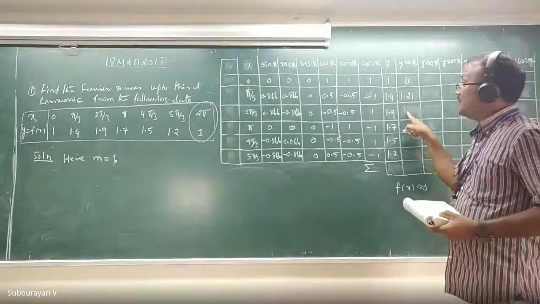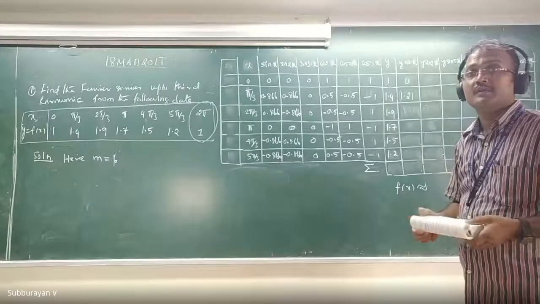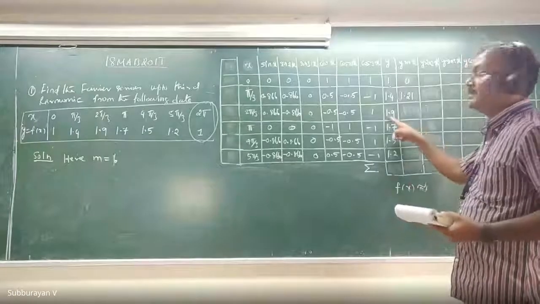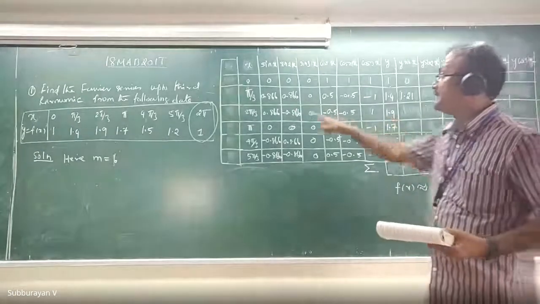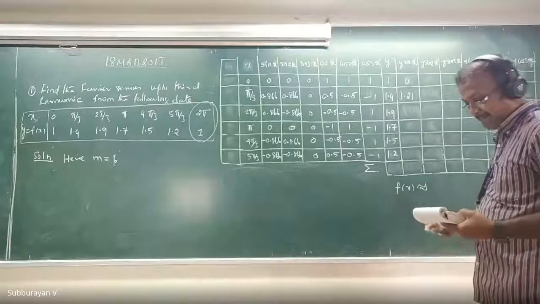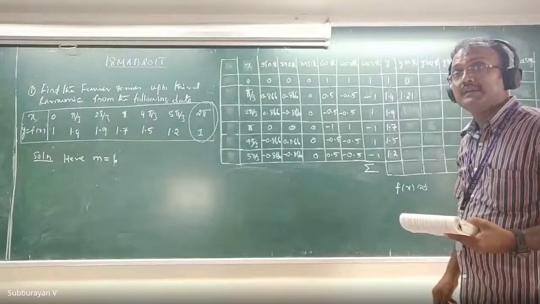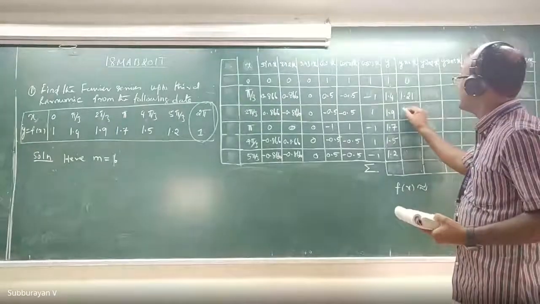Then 1.9 into 0.866, up to 2 decimal places. So 1.65.